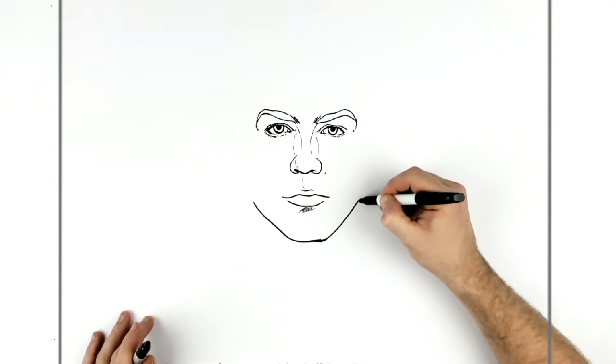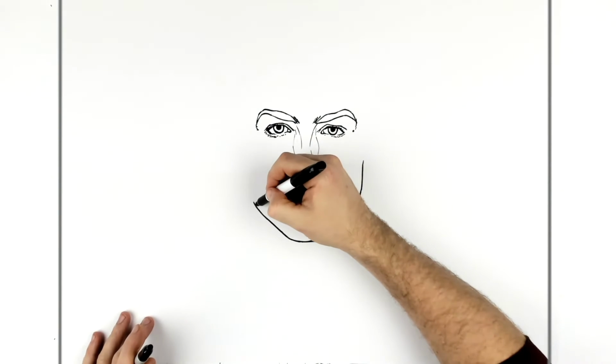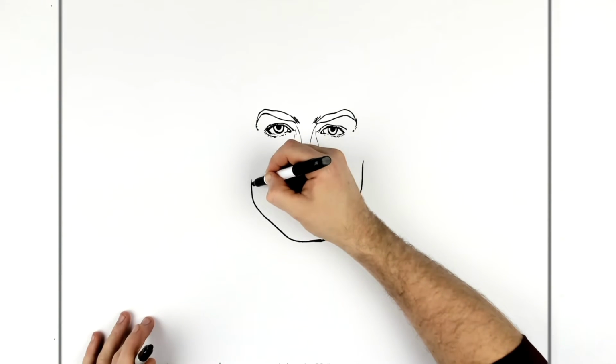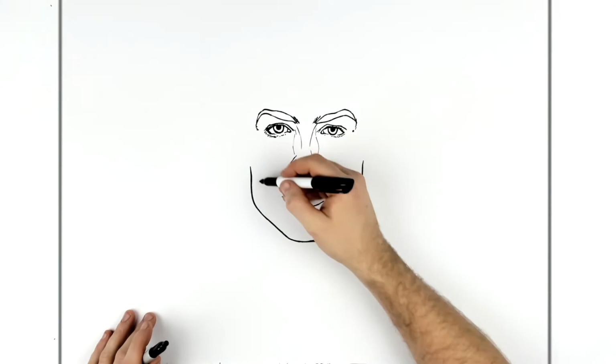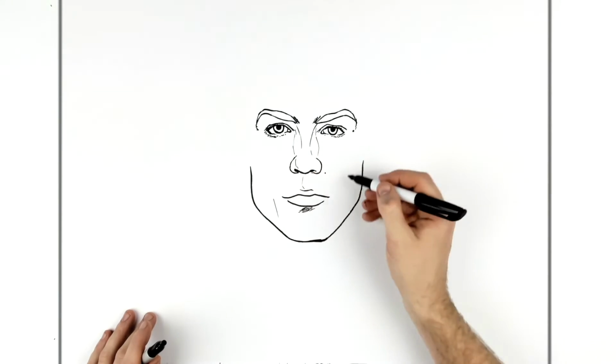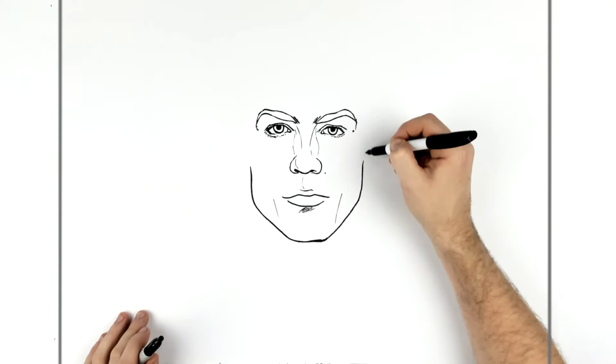And then we curve it around that jawbone up that way. Curve it around. And we could have a line just for the side of his cheeks, just here, and another cheekbone line just kind of here as well on the side of his face.